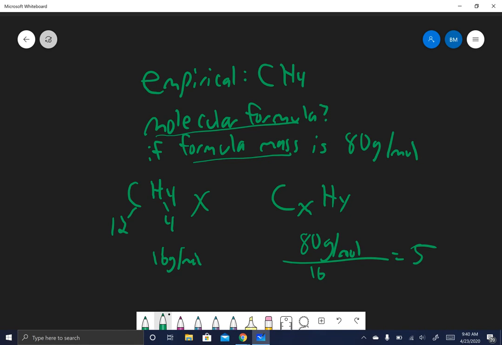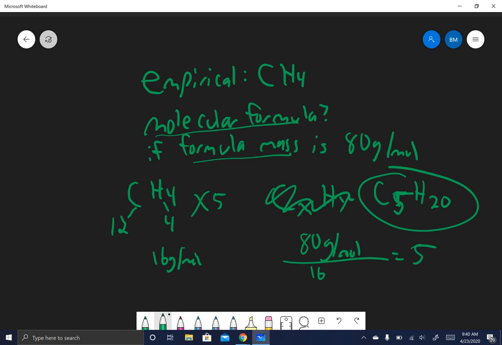So this compound is 5 times bigger than this. So CH4 times 5 becomes C5H20. And again, you can double check: 5 times 12 is 60, plus 20, and that gives me 80 grams per mole.